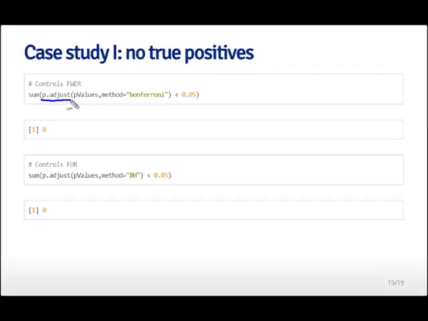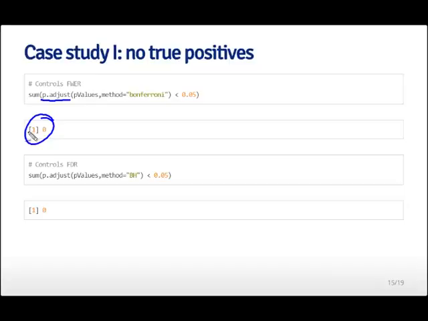In the first case, I say method equals Bonferroni because I want to do the Bonferroni correction. Now that I've corrected the p-values, I can just compare them to a standard alpha level, in this case 0.05. I look at how many are less than that, and in this case there are 0. So when there are no true positives, we find very few significant results when we're controlling the family-wise error rate, which is good. We shouldn't find any significant results because there's no relationship.